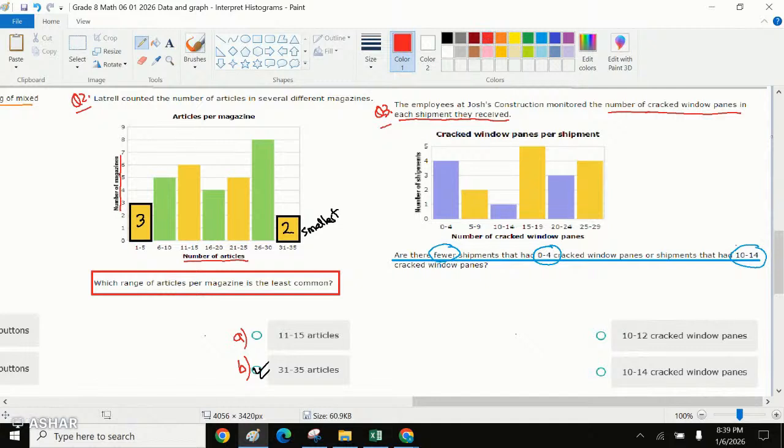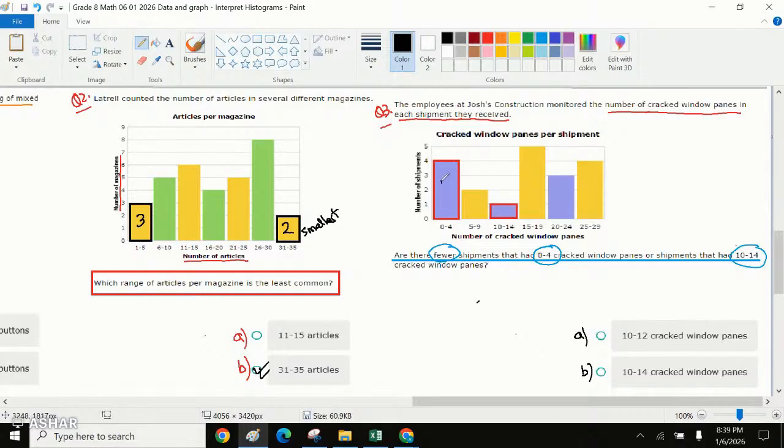So let's go over here, 0 to 4, right? We pick the grid, we select for 0 to 4 and 10 to 14. Whenever we are looking for more, we go for the higher grid, right? How about fewer? What should we be looking at? Which of these two grids, which I highlighted in red, have the fewer, right?